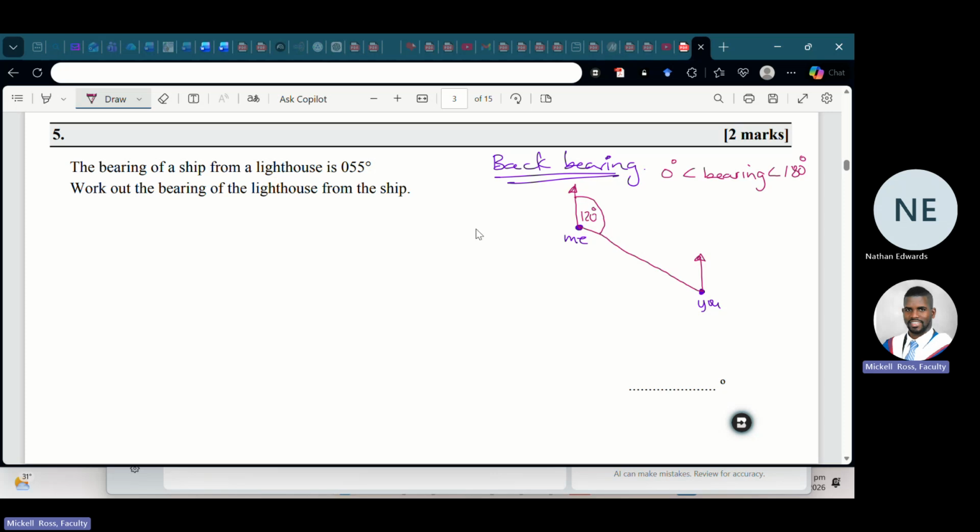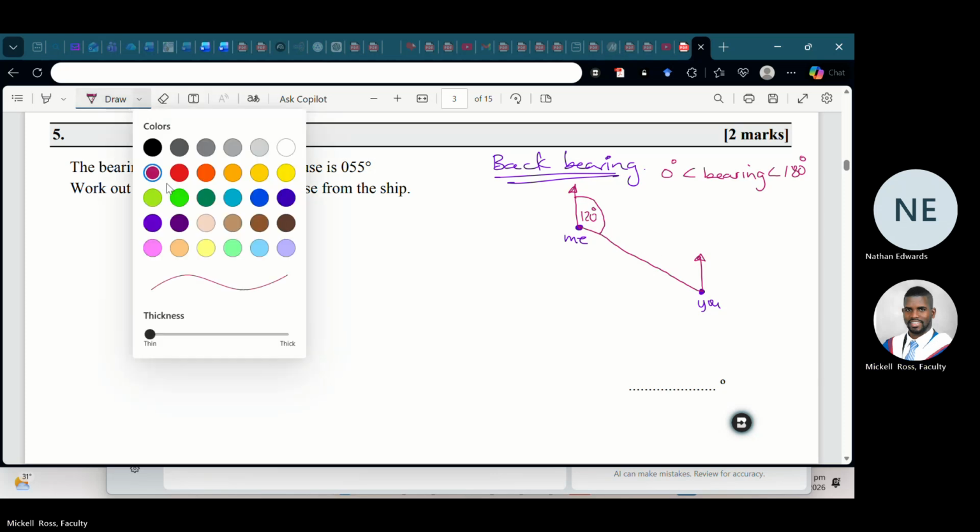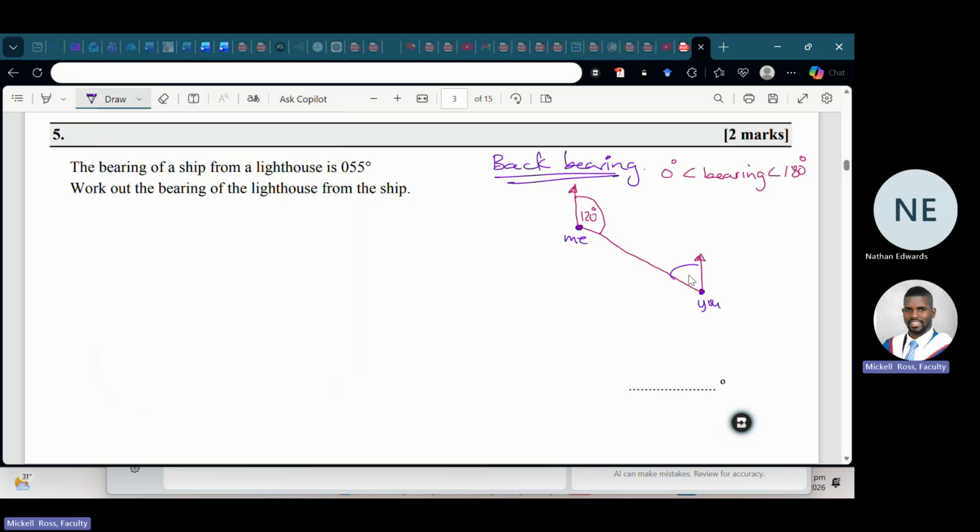Look at this. From this diagram, this angle and this one on the inside, both on the inside, must add up to 180. So that means this must be 60. That means all the way around here must be 300.